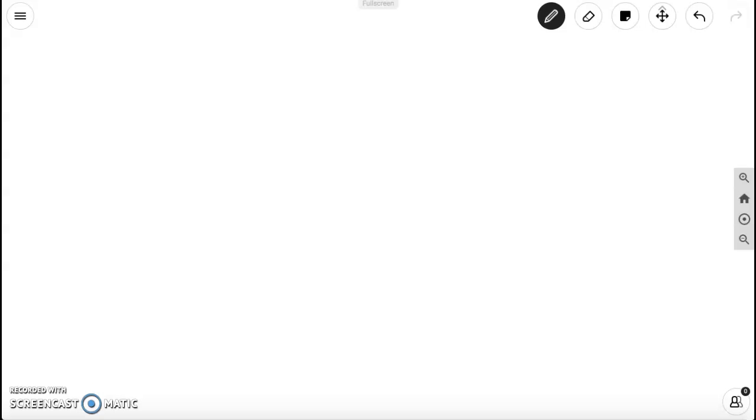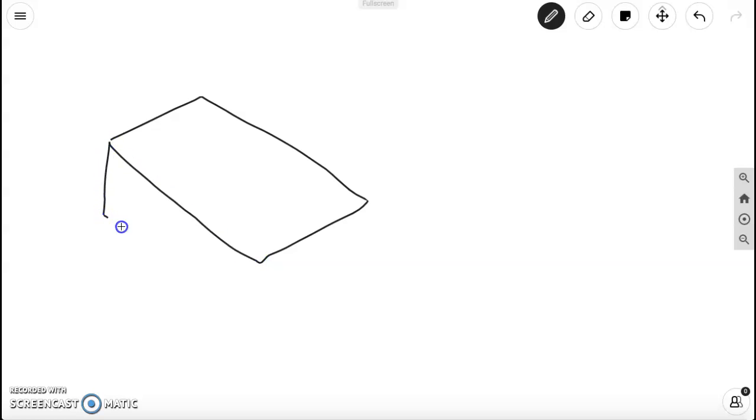Before we do that, I want you to imagine a scenario where we have a ramp. So I'm going to try to draw a 3D ramp here. Hey, pretty good. All right, not the best, but okay. On this ramp, imagine that you have three different objects that are going to roll down.